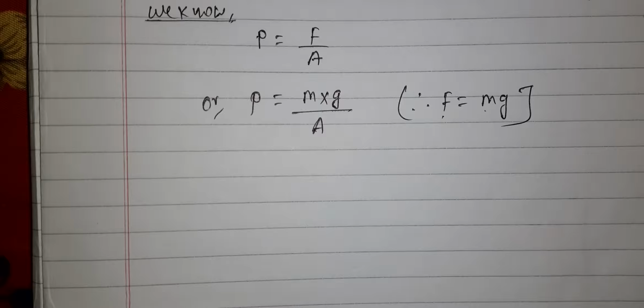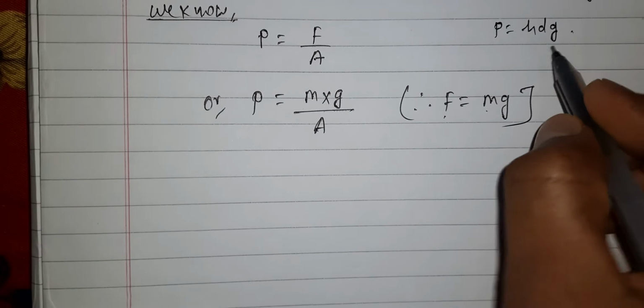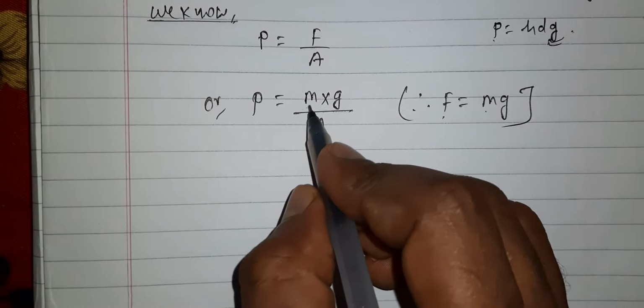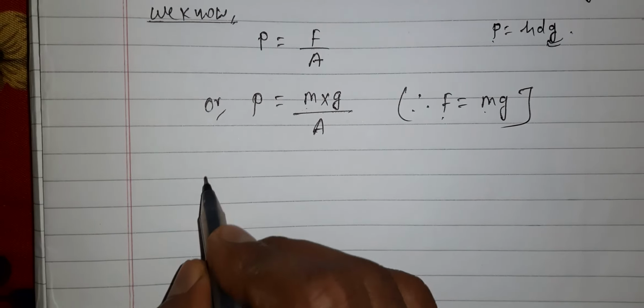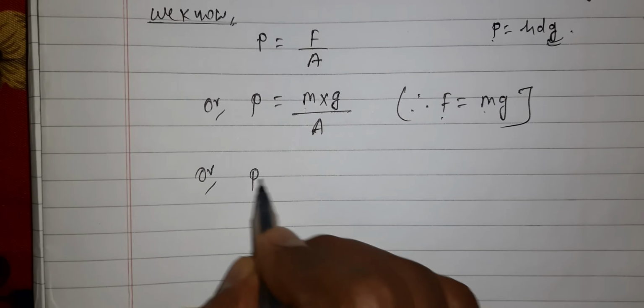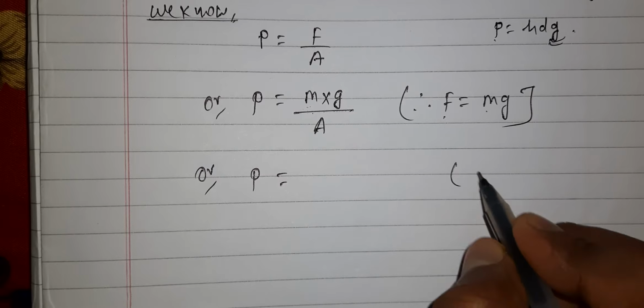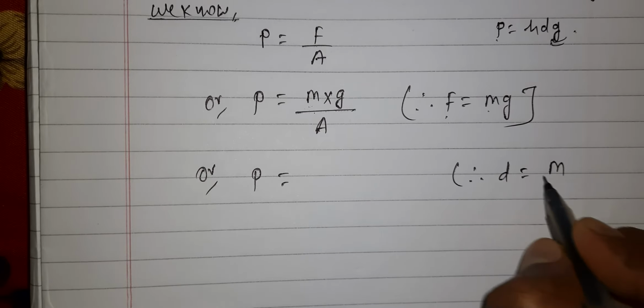Okay, so let's see, this is the formula which we have to prove, that is hdg. So g we need in this formula, it means we have to remove this m from this formula. So how can we remove it? Let's see, we know the density is equal to mass by volume.